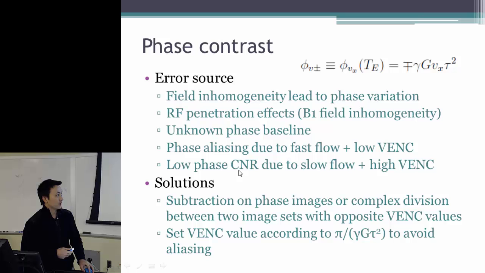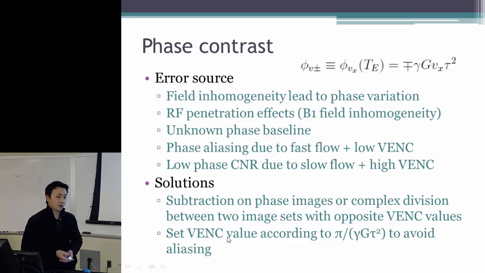In this way, we can remove the effect from the field inhomogeneity, the background gradient, or the unknown phase baselines, which are mostly the major error sources when quantifying the flow based on the phase values. And also, we need to set the Wank value to pi over gamma g tau squared to avoid phase aliasing.